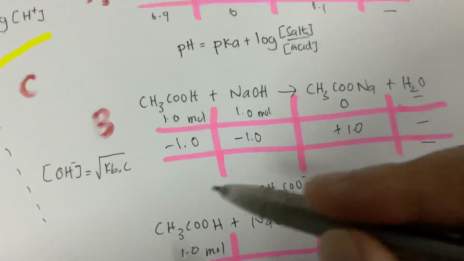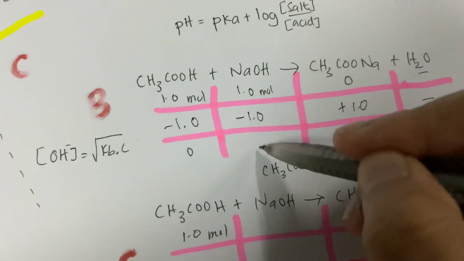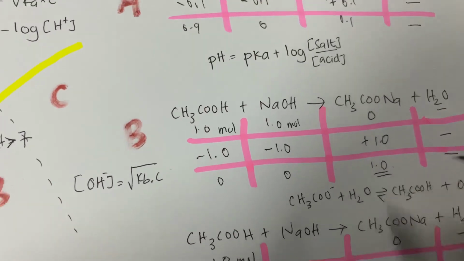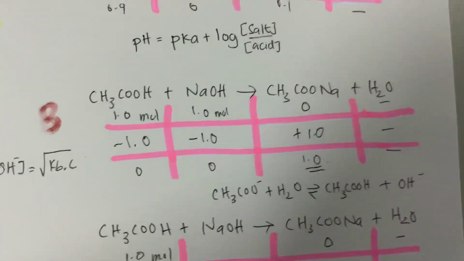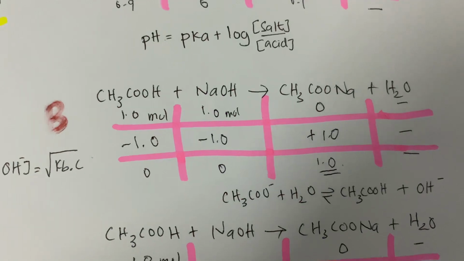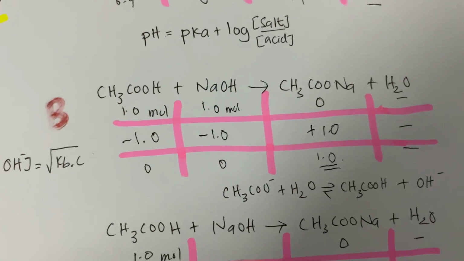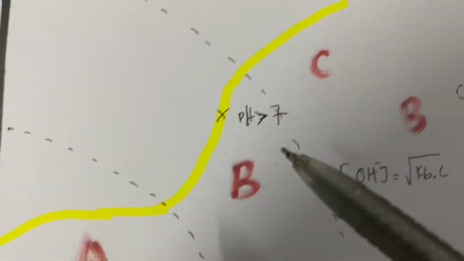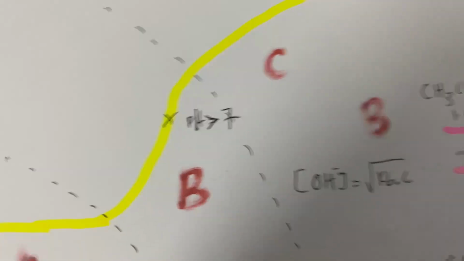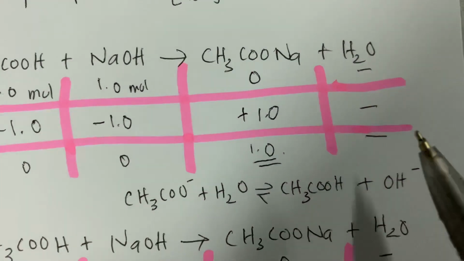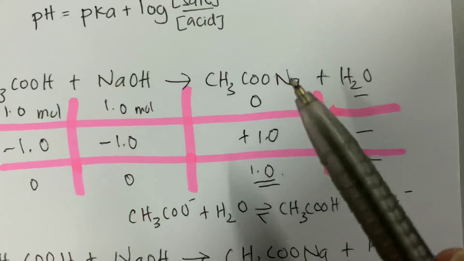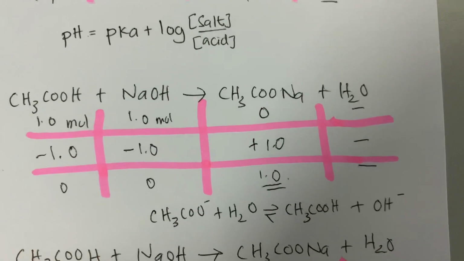So at the end, the amount is 0, 0, and this is 1.0. So the final product, or the final species in the conical flask at the end of titration within region B, will be salt and water. This salt is a basic salt.